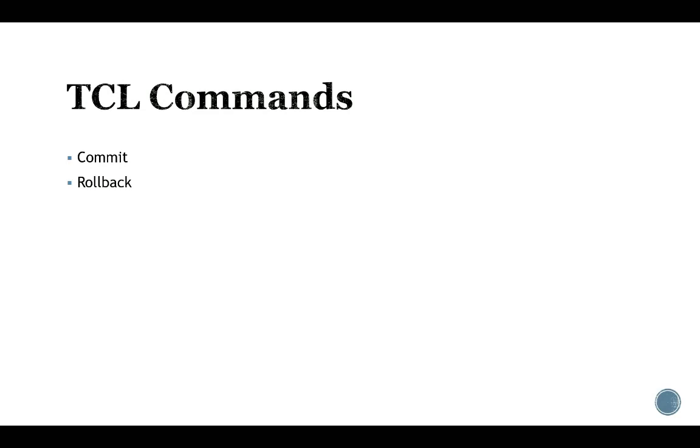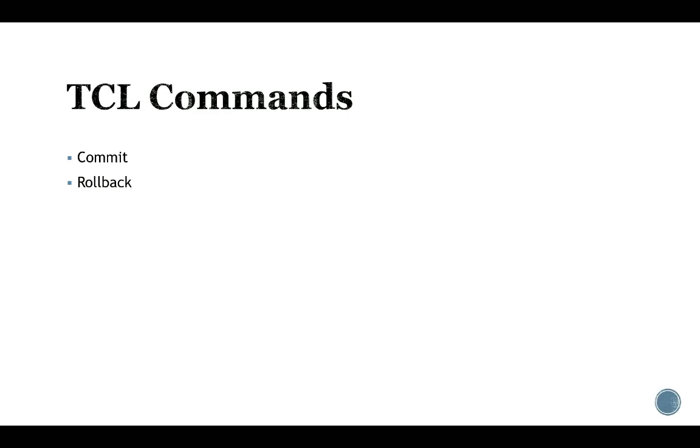The same thing applies in the database world. When you run a rollback command, it will try to remove the changes that were done to your data in the database. So if you don't want to make any changes, in those scenarios you can run a rollback command, and it will not do any changes to the data stored in the database.